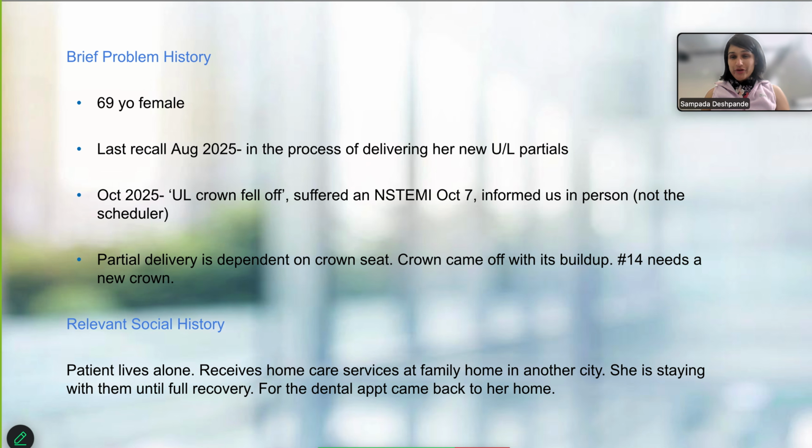For the dental appointment, however, she chose to come back to our house. If you remember from the previous module, I do a lot of portable dentistry where I go to patients' homes and offer them services bedside.